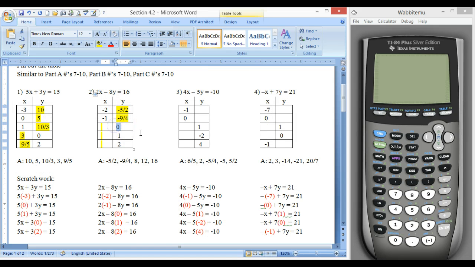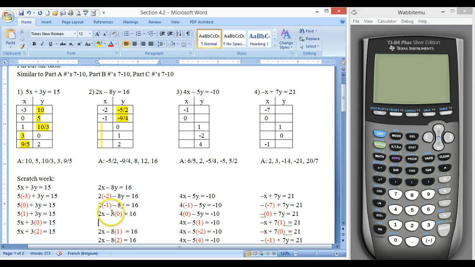These are my favorites. I love when 0 is given as one of the substitutions. So this one I'm going to put 0 in for the y value here. So substitute or replace the y with 0. And the reason I like it so much is when you substitute it in, 0 times whatever it's being multiplied is gone.